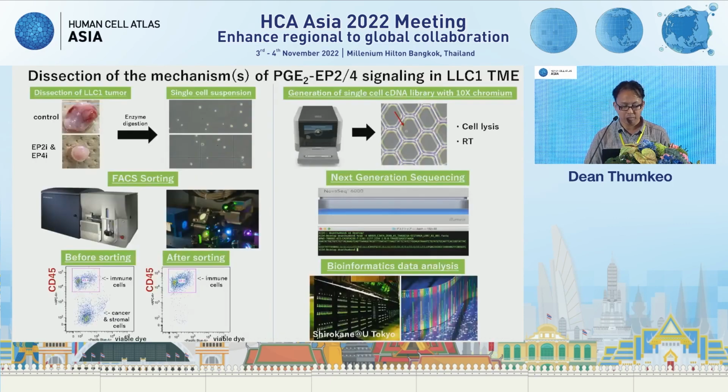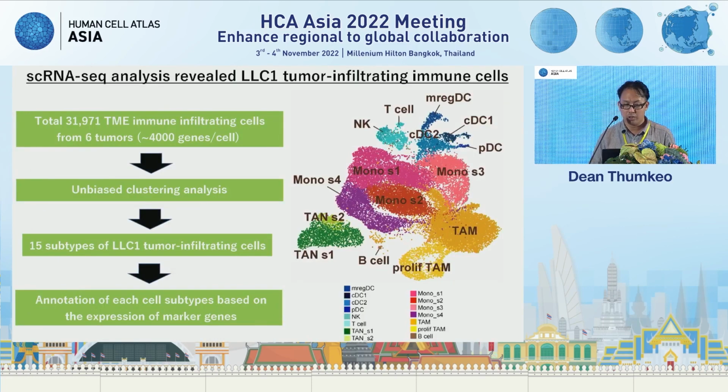We next conducted single-cell RNA sequencing analysis of EP2, EP4 antagonist-treated tumor-bearing mice. As all of you know this very well, I'm going to skip this and just tell you the results. We finally obtained the transcription profiles of about 32,000 tumor-infiltrating immune cells from 6 tumors.